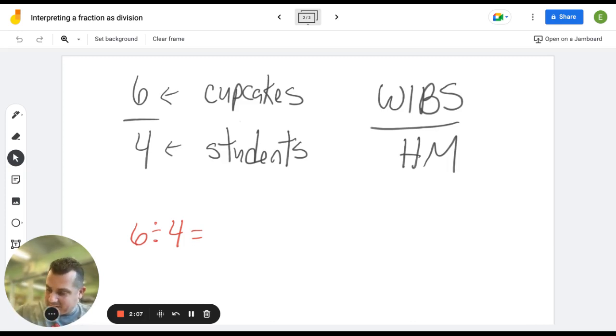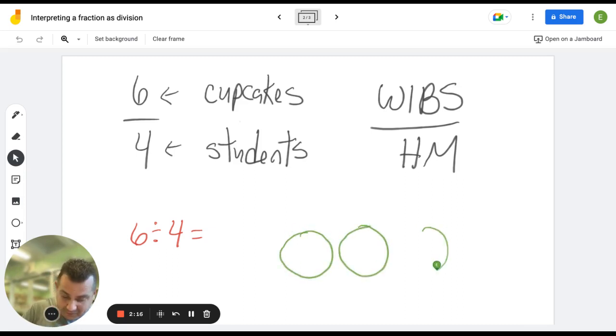So I'm sharing 6 cupcakes with 4 students. For me, what I like to do is draw my 4 groups first. I know other teachers may do it different ways and show the 6 cupcakes first, but I like to say, how many people am I sharing with? How many groups am I sharing with?